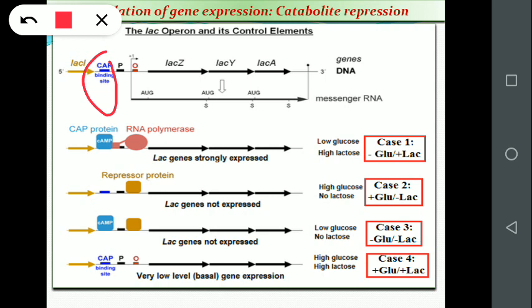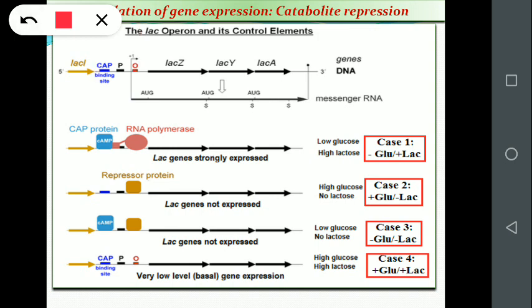That is why one acts as an activator and the other as a repressor. When the repressor binds to the operator, the genes are switched off, but when the CAP site is bound by CRP protein, it activates the promoter. So there are two different functions: the repressor is stopping, and cyclic AMP along with CRP is activating the genes.